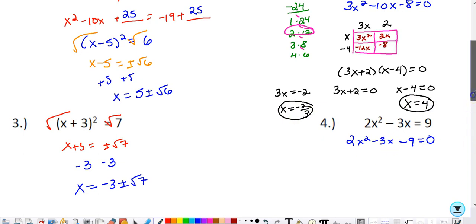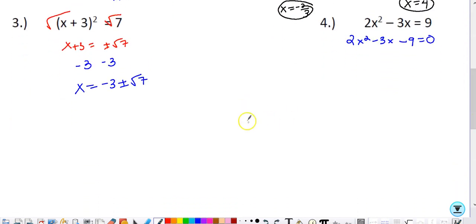All right, for 4, I'm going to split the middle. If you like box method, you do box method. Again, with the negatives, negative, negative, negative. We're going to choose this pair. So 2x squared plus 3x minus 6x minus 9.